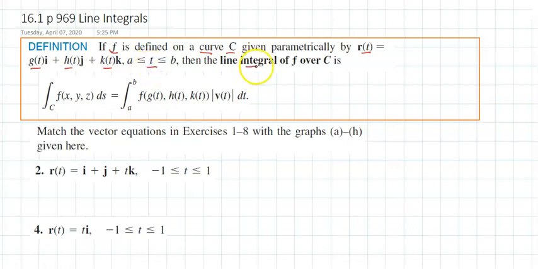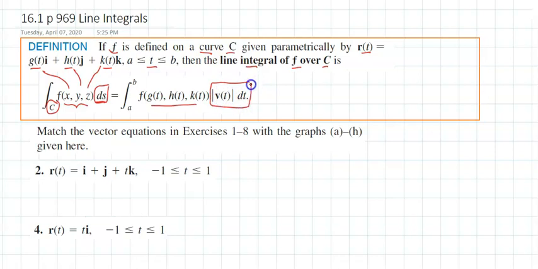Then the line integral of f over C, and that's how we write it, the line integral of f over C, is simply x of t, y of t, and z of t, and here they are. And from section 11.1, we know what ds is.